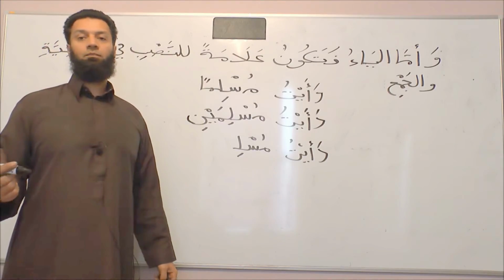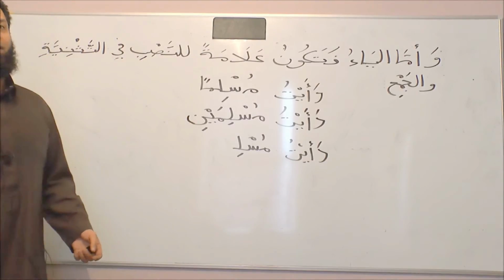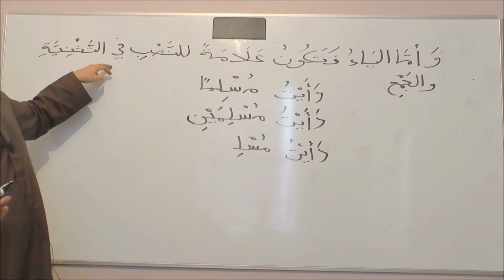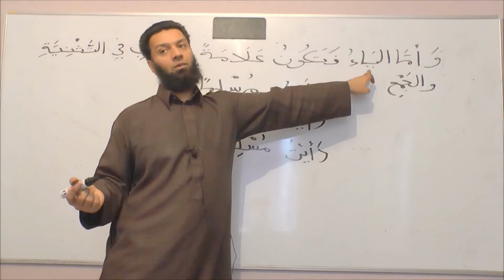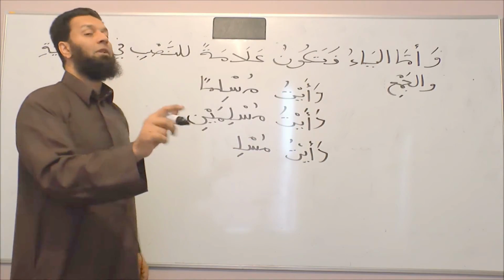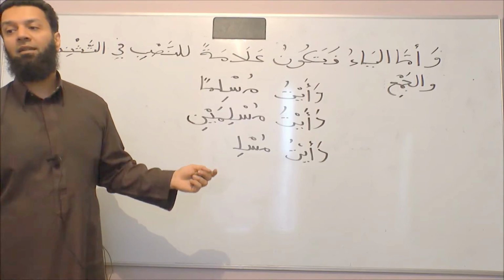Do you erase the noon? No. The clue to the answer is in the statement: للنصب في التثنية والجمع الياء. If al-ya'u is the indicator for it being mansubun in al-jam'i, what goes next? Muslimina.